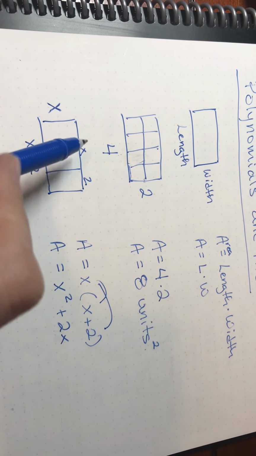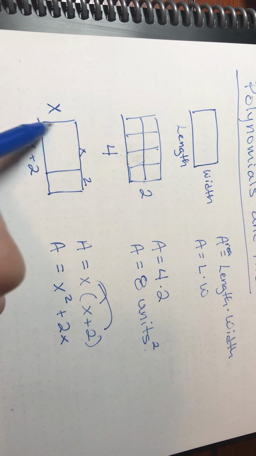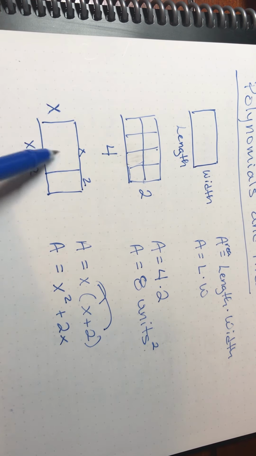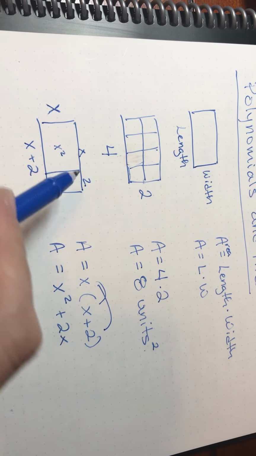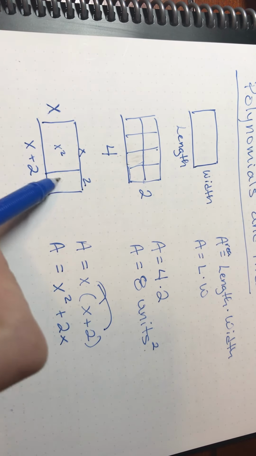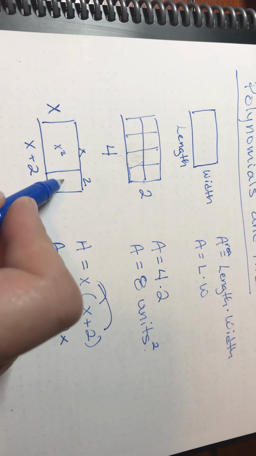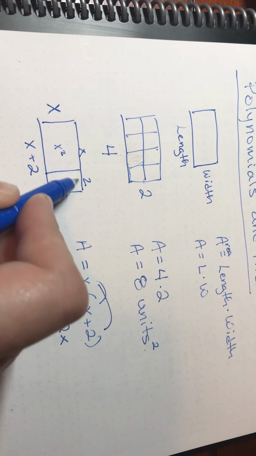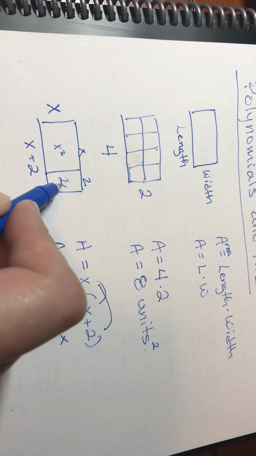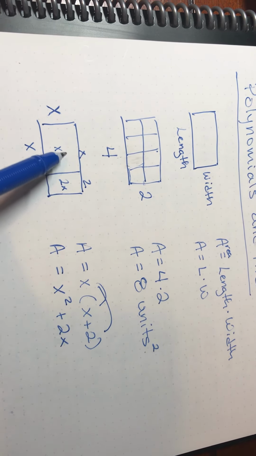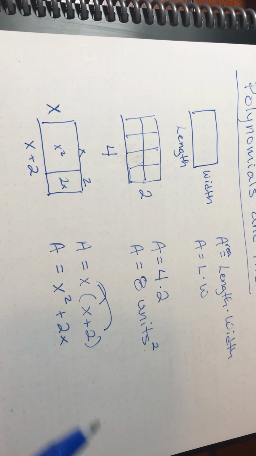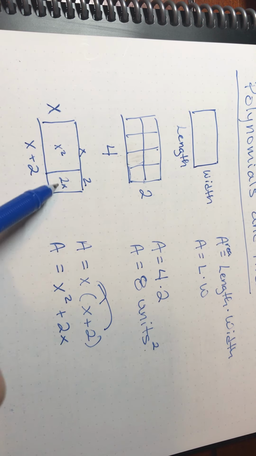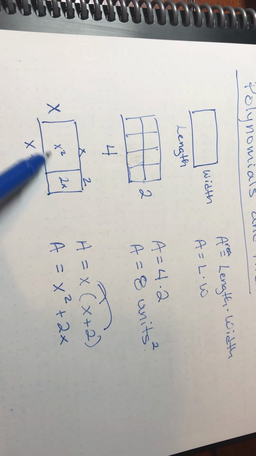Well, thinking about this, the dimensions of this part right here are x times x, which is x squared, and the dimensions of this piece right here is 2 by x. This is 2 and this is x, so this is 2x. So we have a square with the area of x squared, plus we have a rectangle with the area of 2x.